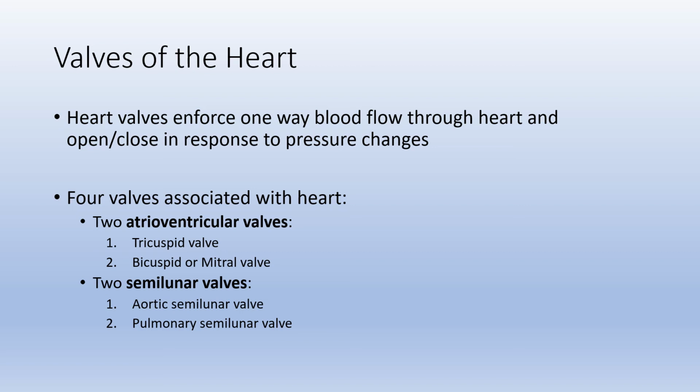The pulmonary semilunar valve is found between the right ventricle and the pulmonary trunk. Again, these valves ensure that blood flows one direction through the heart. They also ensure that there is no backflow of blood once blood has left that area.